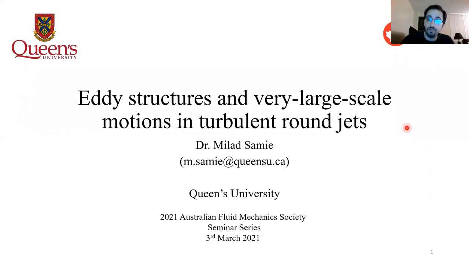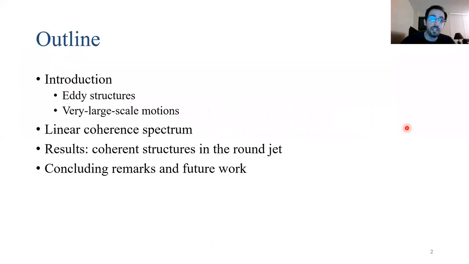Okay, so here is a brief outline of my talk. I'll start with an introduction on the eddy structures and very large-scale motions in turbulent flows. Then I'll introduce the linear coherency spectrum, which is an analysis tool that I'm going to use for this study.